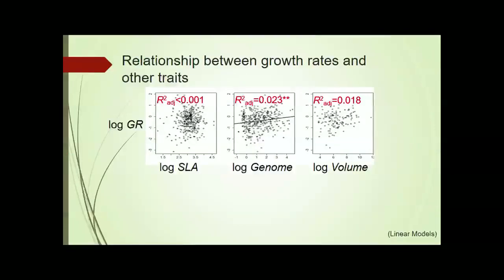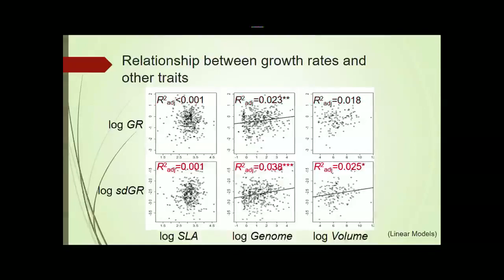Then we wonder what the relationships are between the growth rate and other traits. From here, we can say that specific leaf area is not related with growth rate. And the genome size is significantly related with growth rate, meaning plants with big genome size will grow faster.